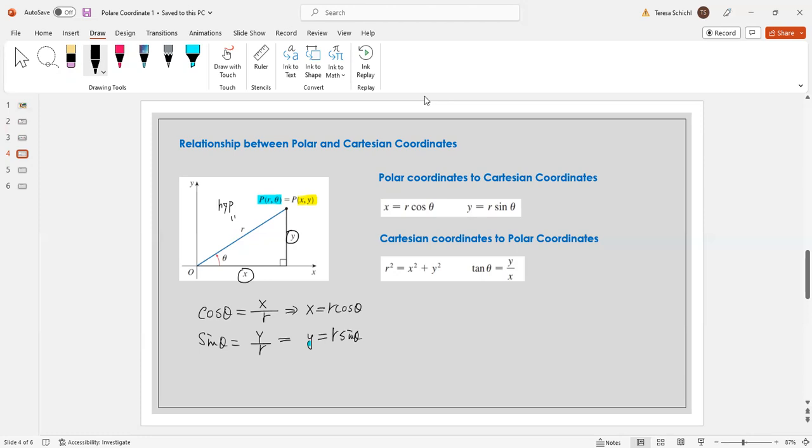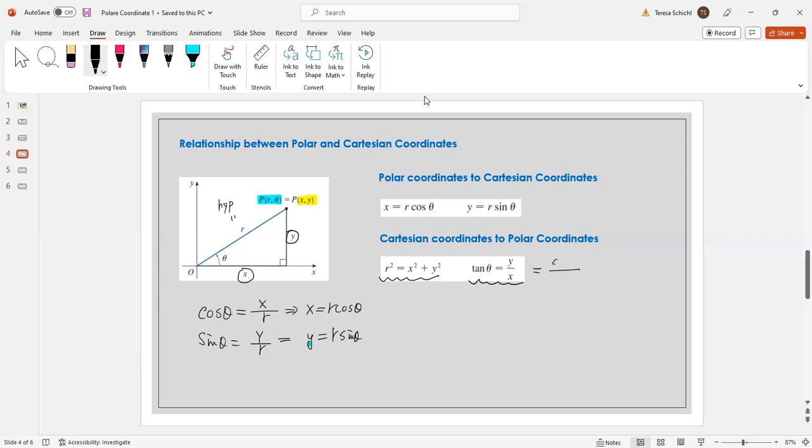The same way for the Cartesian to the polar, you can say the same things. We know by the Pythagorean theorem, x squared plus y squared equals r squared. So r, you can just take the square root of that. Then we also use the tangent.